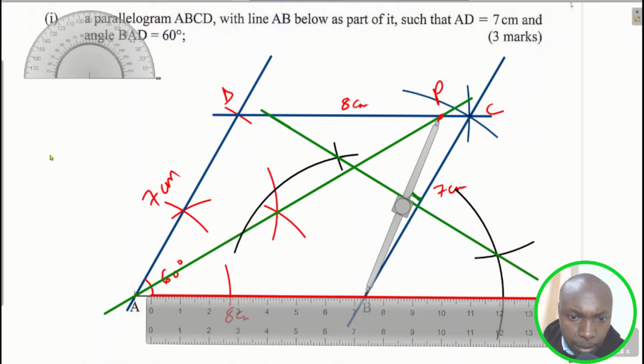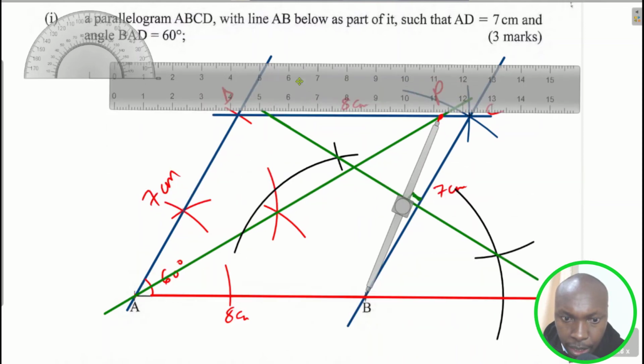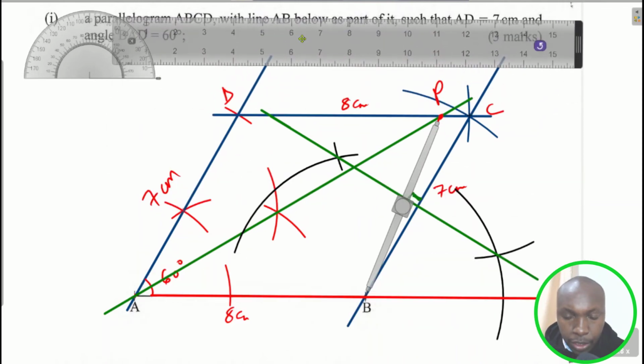So the trapezium is ABCP, and AB and CP are the parallel sides, but we don't have the perpendicular height. To get the perpendicular height, we have to drop a perpendicular from this point.